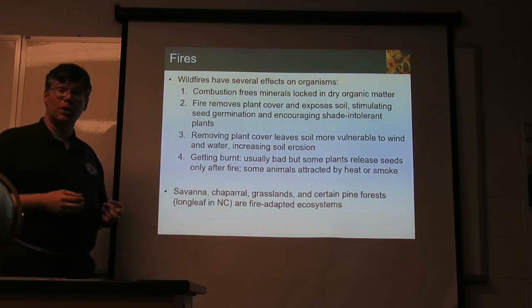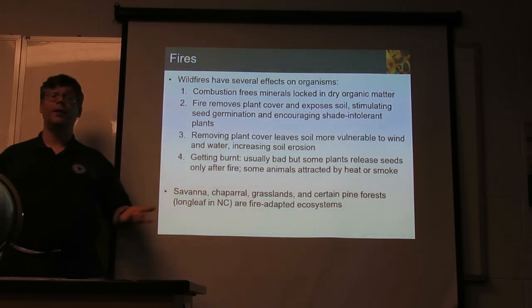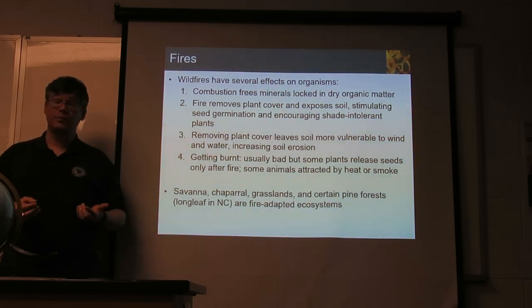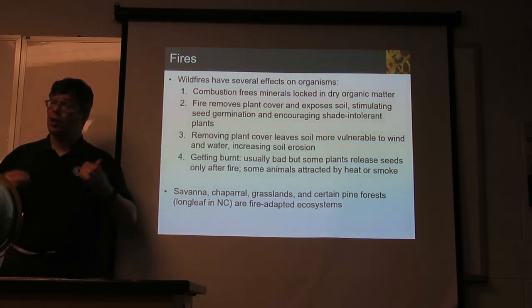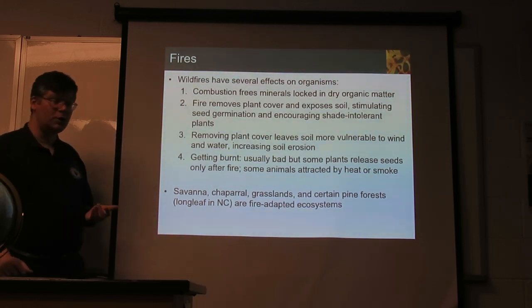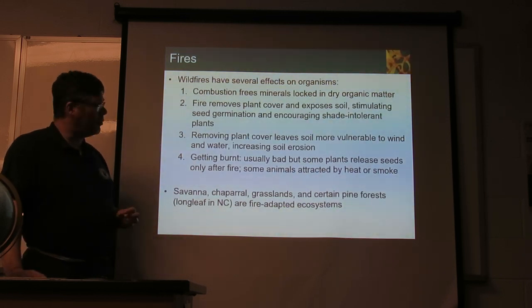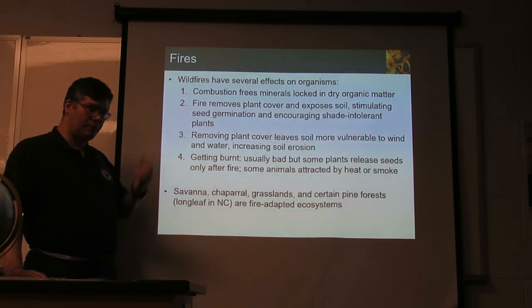And so the plants and animals living there are adapted to it. And in fact, if we keep them from burning, then the native species tend to die out. A lot of the species that depend on these settings are somewhat endangered because we've stopped fire and also because we've turned the habitat into farm fields and houses and stuff like that.